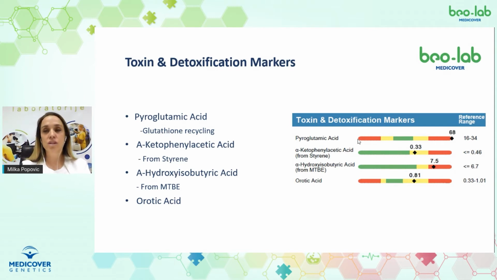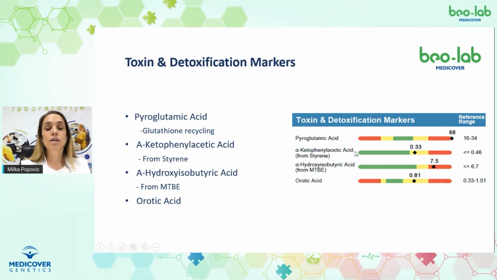But it's always good to look in parallel at the situation with glutathione, because a higher level of pyroglutamic acid will point to the need for precursors of glutathione, such as cysteine, glutamic acid, glycine in particular, but also B6 and magnesium, which are important cofactors for the synthesis of glutathione.